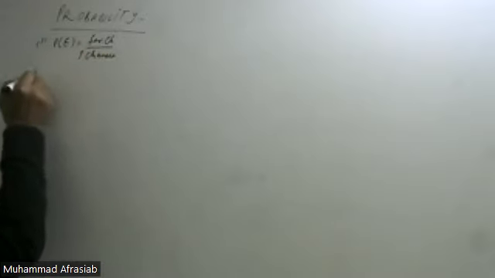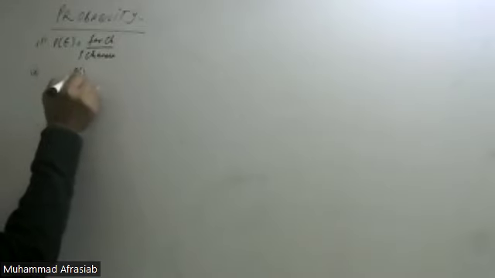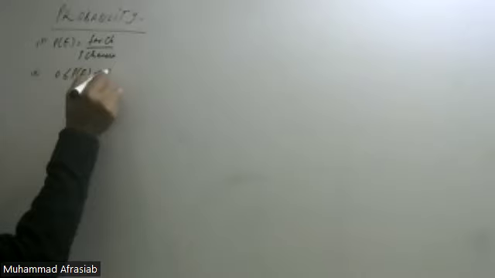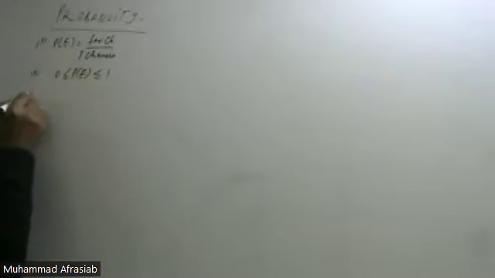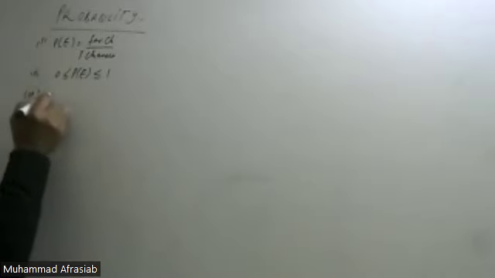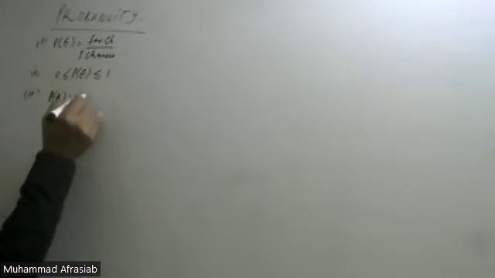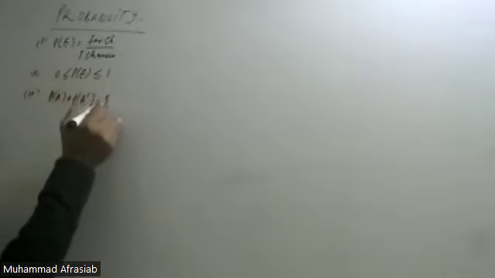Second, the probability of any event is going to lie between 0 and 1. The third, probability of A plus probability of not A is always equal to 1.